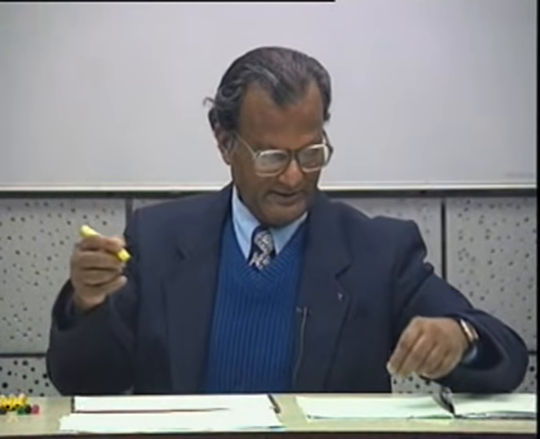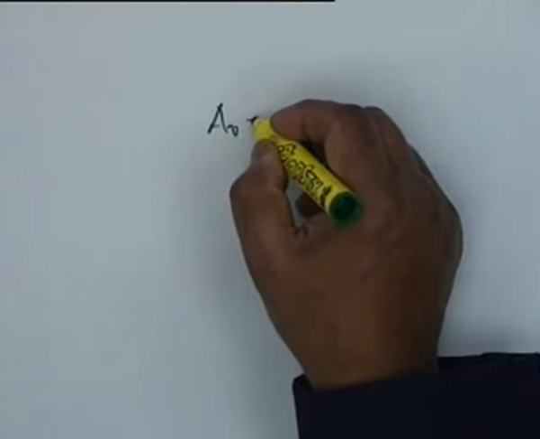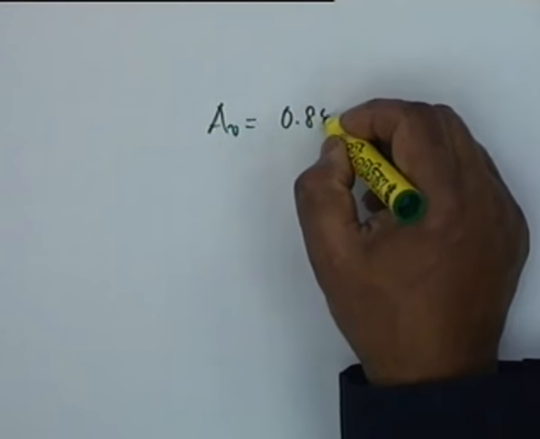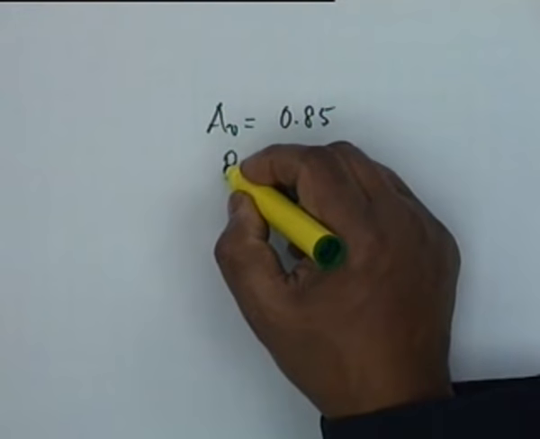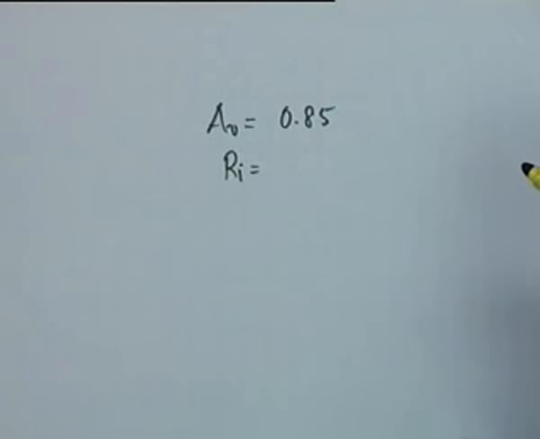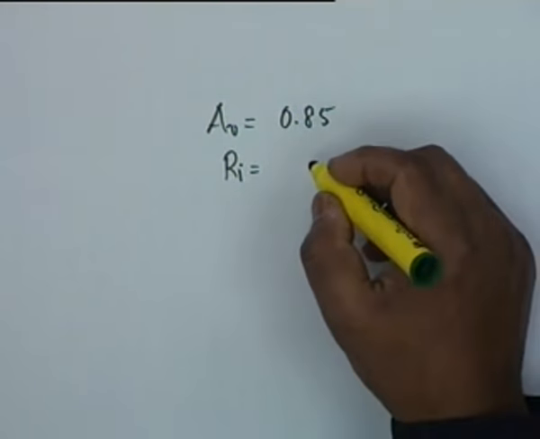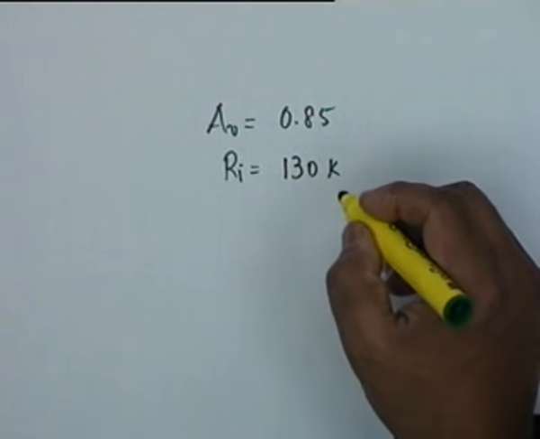If you do this calculation, you get A sub V as 0.85, it is less than 1 as expected. The input resistance is simply the parallel combination of 1 meg and 150K, R1 parallel R2, and that comes out as 130K.